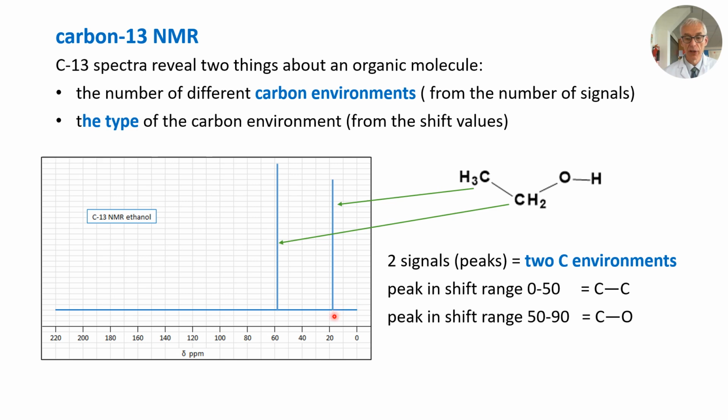Then we have a peak between 0 and 50, and that would correspond to a carbon-carbon. So we're able to say, right, ethanol, two carbon environments, and we're able to attribute the peaks to the two different carbon environments and identify them as carbon-oxygen single bond or carbon-carbon.